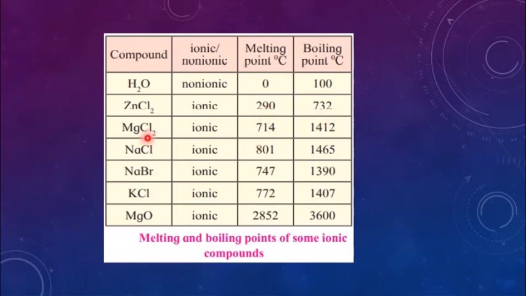Same is for MgCl2, that is magnesium chloride. It is an ionic compound, the melting point is 714 degrees Celsius and the boiling point is 1412 degrees Celsius. So you can see the melting points of ionic compounds are very high, and the boiling points of ionic compounds are also very high.